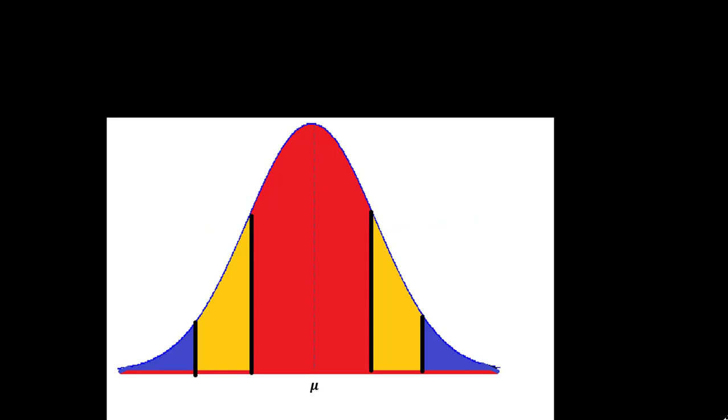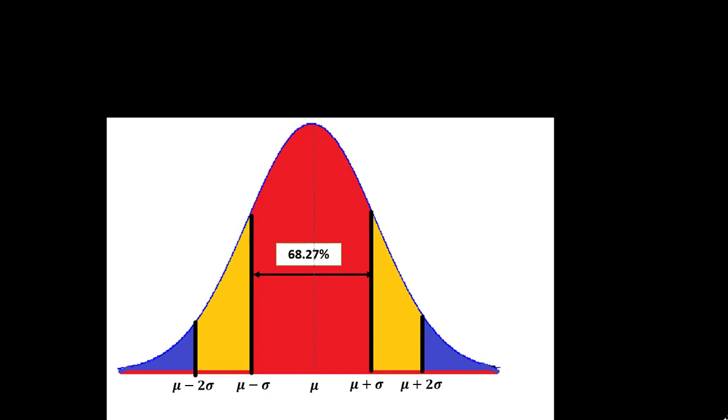Let us see another very important property of the normal distribution. Here you can see the whole curve shaded into 3 portions, that is red, yellow and blue. So when x lies between mu minus sigma and mu plus sigma, the area of the curve is 68.27%.